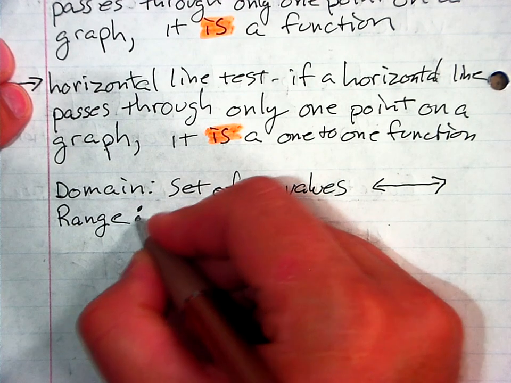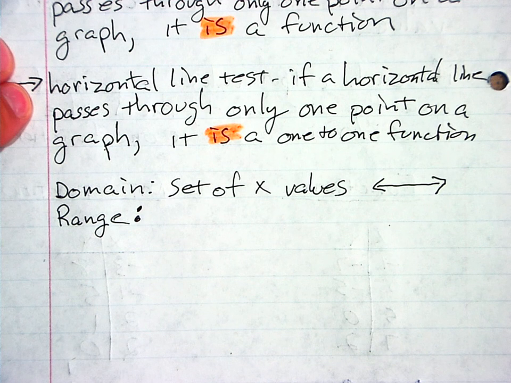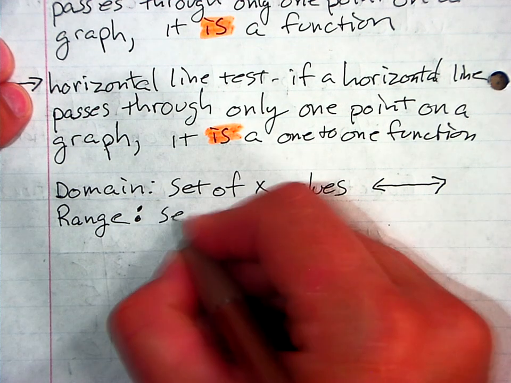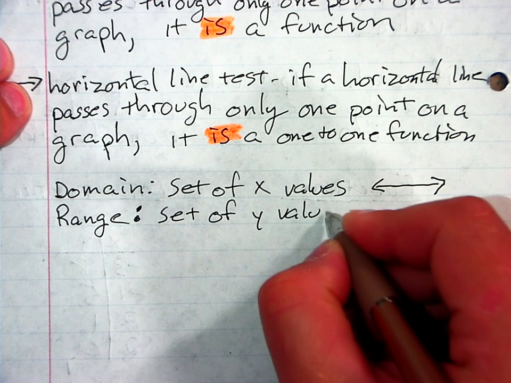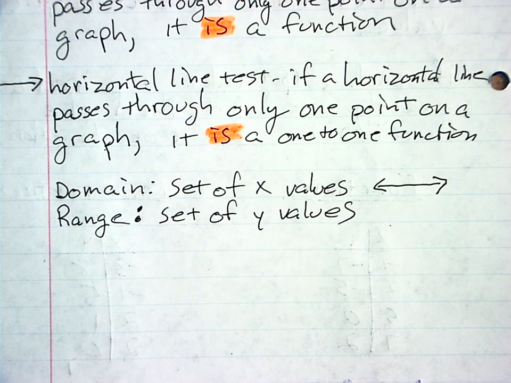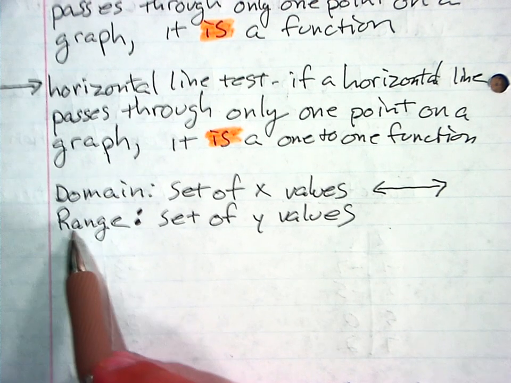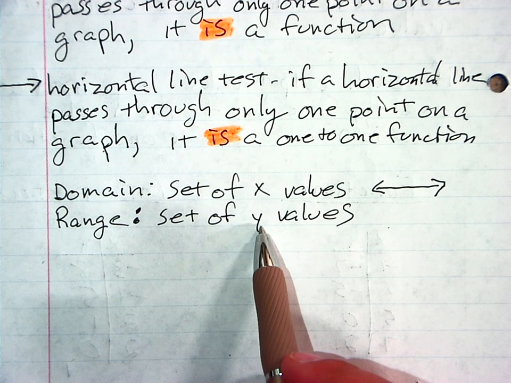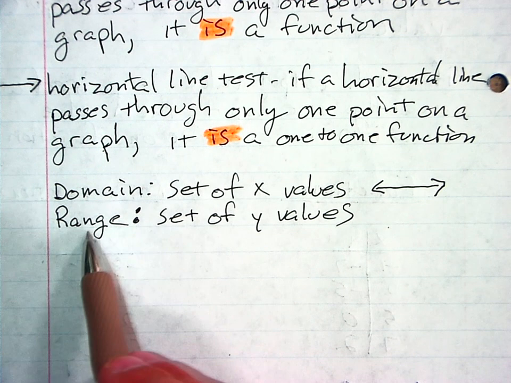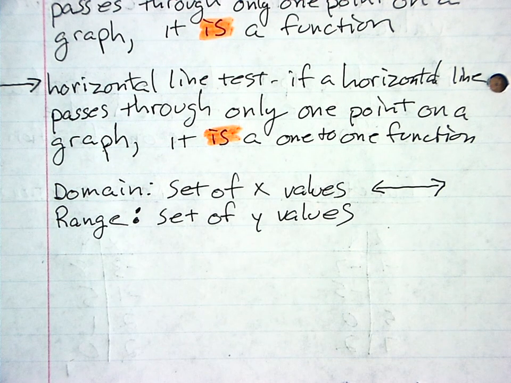So if domain is your x values, what's range? Set of y values. And there's a little trick that I personally use: D comes before R in the alphabet, right? X comes before Y in the alphabet. So your domain is your x, your range is your y. Does that make sense? Honestly, that's the way I remember it.